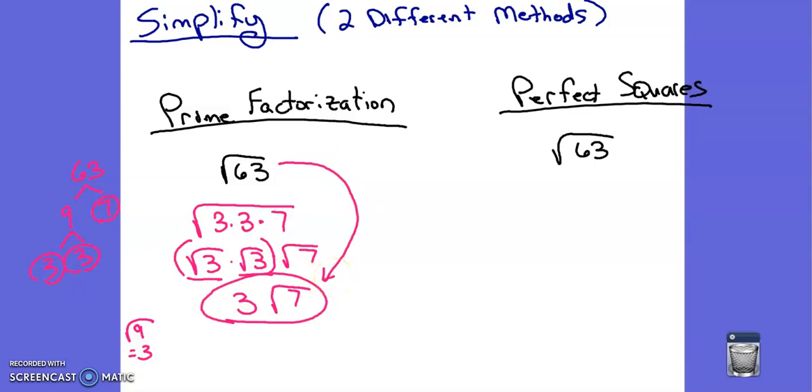Another method is to think of two square roots that multiply together to give you 63, but one of them has to be perfect. If you remember your perfect squares, like the square root of 1, 4, 9, 16, 25, 36, those are perfect.